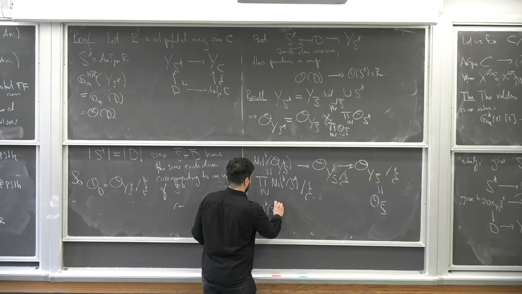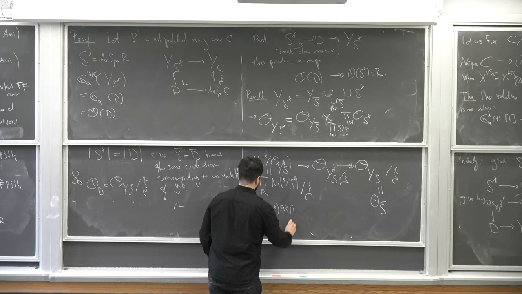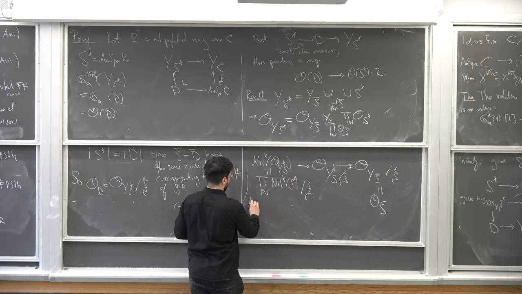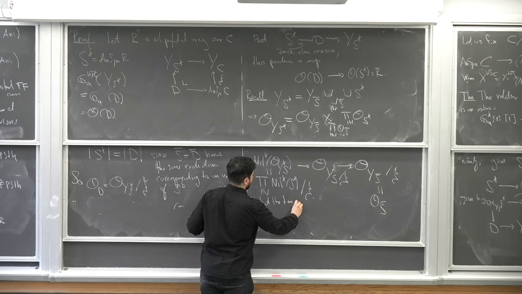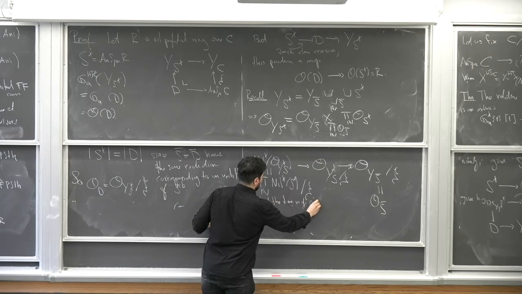So this thing is just a complex. Here, this is one, and this is 0. Right?